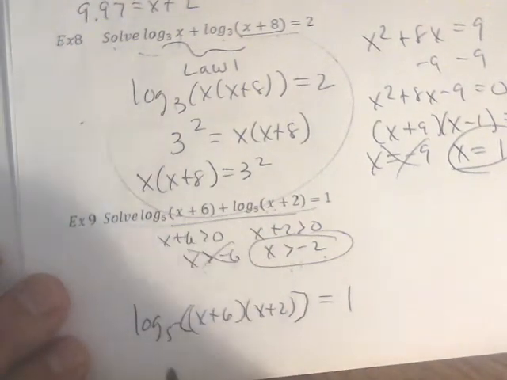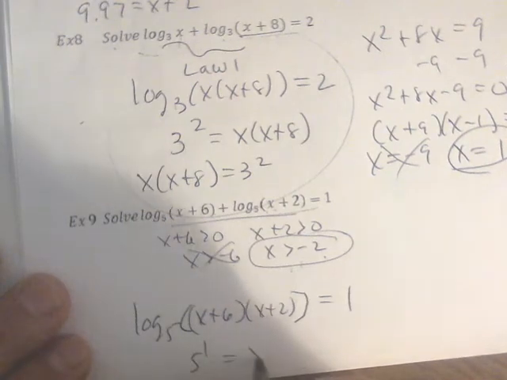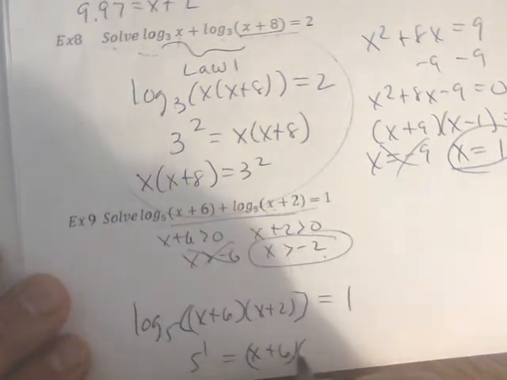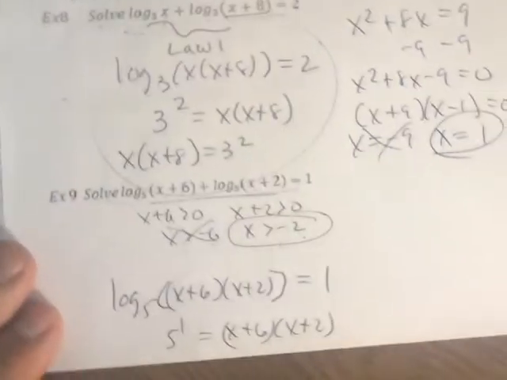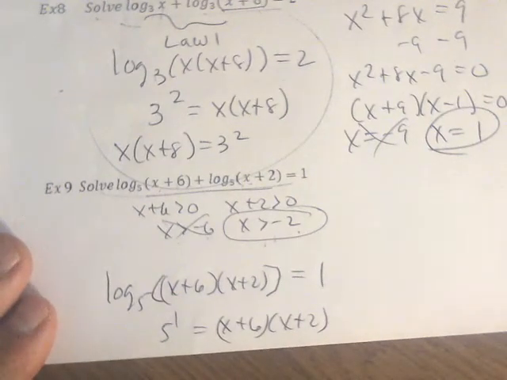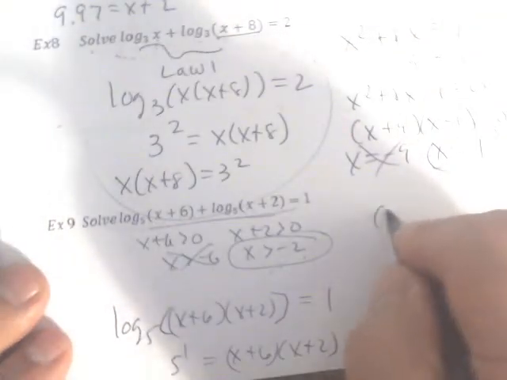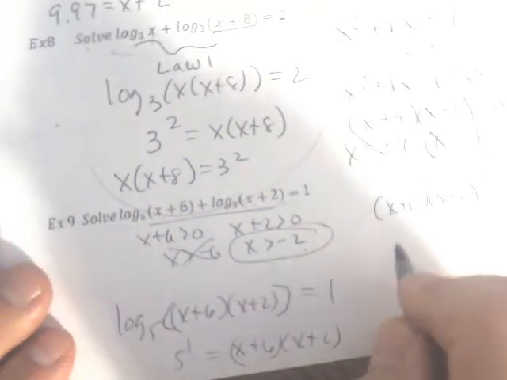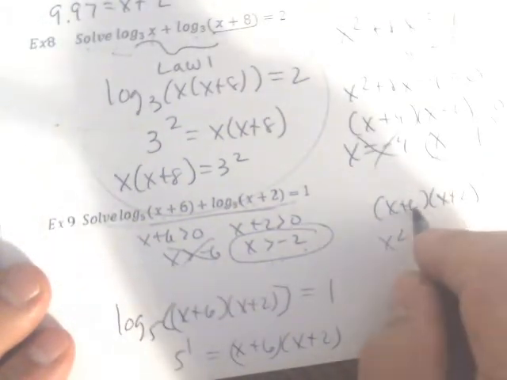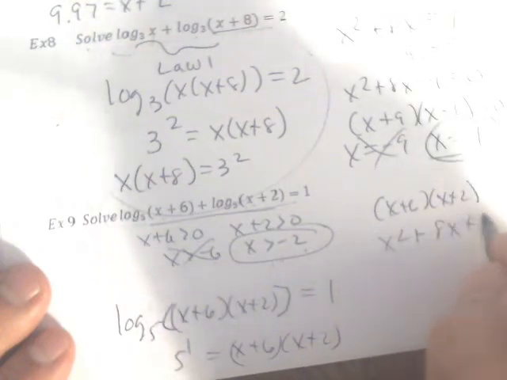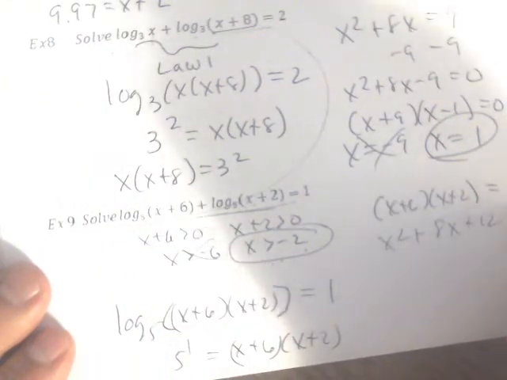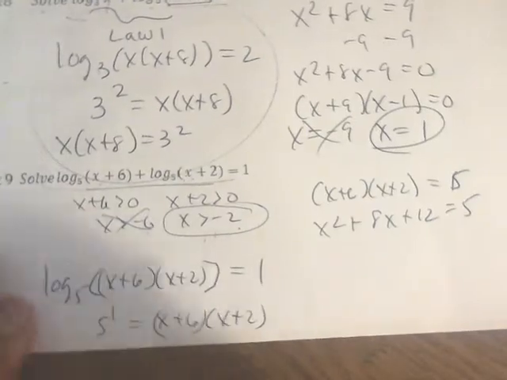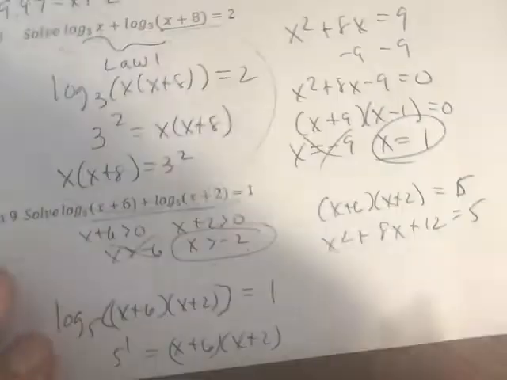Now I can change to an exponential equation and interchange my sides. So I get x squared, 6x and 2x is 8x plus 12, is 5, because 5 to the first is 5.